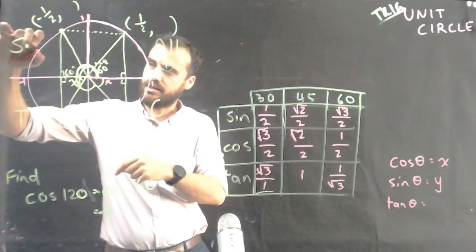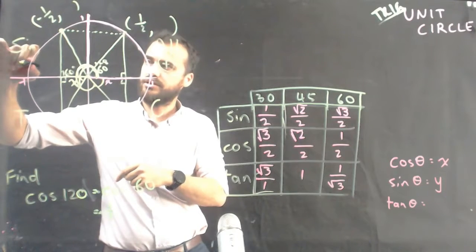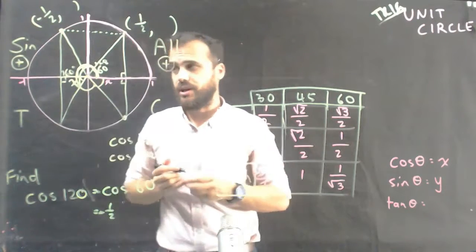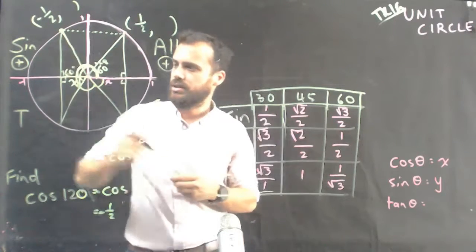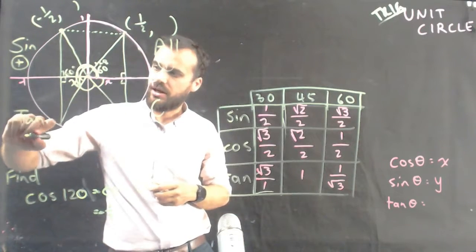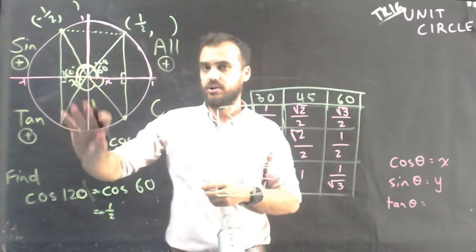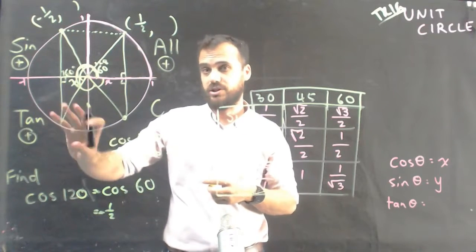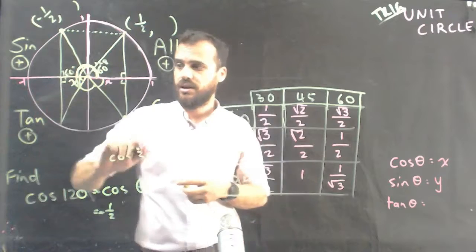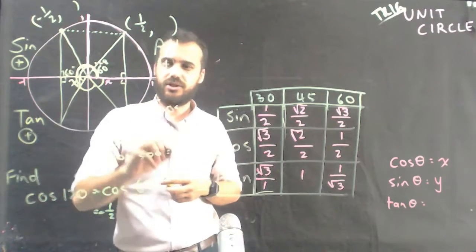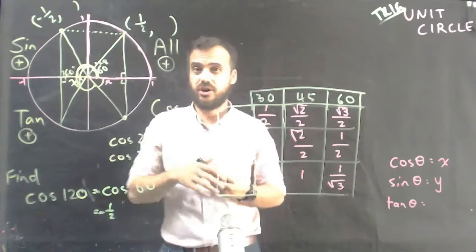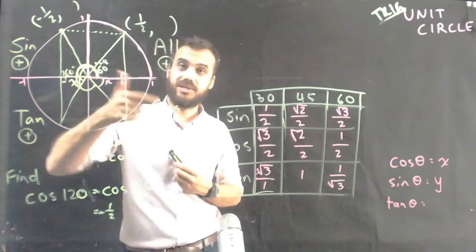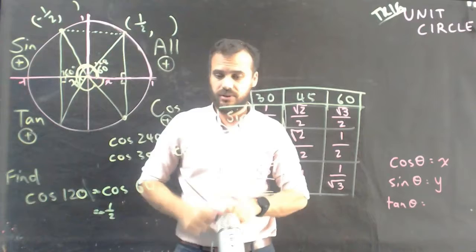Sine ratios, and only sine ratios, are going to be positive in this quadrant. Tan ratios are going to be positive in this quadrant, which means sine and cosine ratios are negative in this quadrant. And cosine ratios are going to be positive in this quadrant, which means that sine and tan ratios are going to be negative in that quadrant.